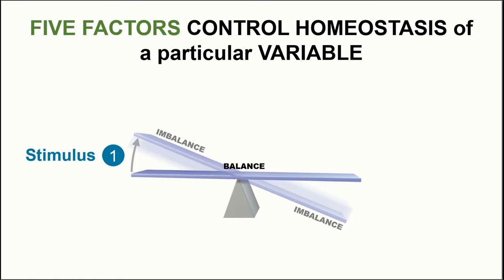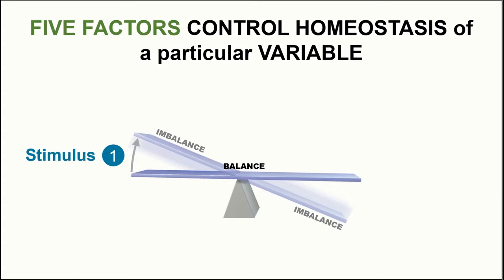We'll continue with our body temperature example. These 5 factors work together to bring balance back to the body's processes when external factors throw them out of balance. The variable that we're talking about here, in the previous example, was body temperature, but this variable really can be anything occurring in the body.